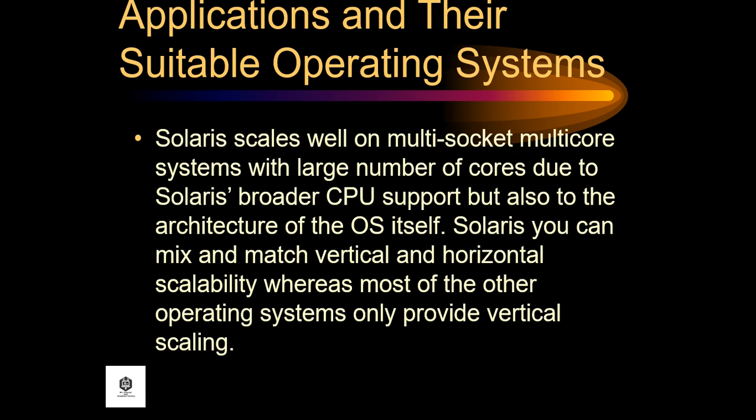Solaris scales well on multi-socket, multi-core systems with a large number of cores, due to Solaris' broader CPU support but also to the architecture of the OS itself. In Solaris you can mix and match vertical and horizontal scalability, whereas most of the other operating systems only provide vertical scaling.